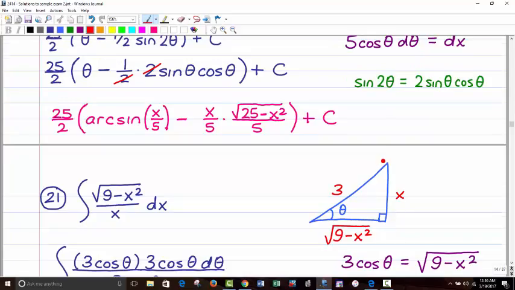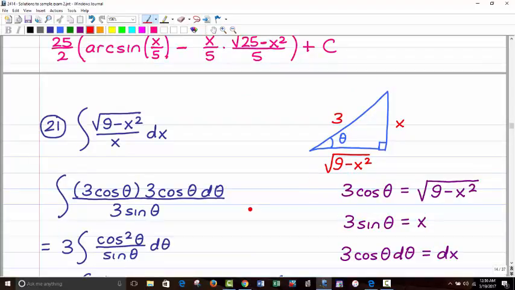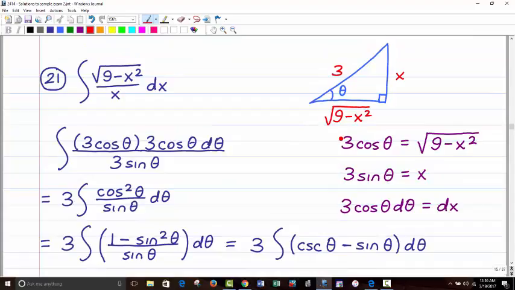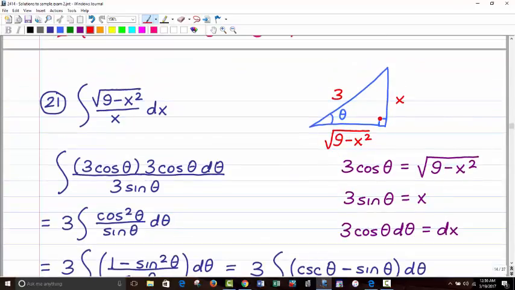All right, let's look at this next one, number 21. The integral of the square root of 9 minus x squared over x dx. Have a minus, so I have the radical again on the adjacent side, which means we have the square root of 9, which is 3, and then the square root of x squared, which is x. Check Pythagorean theorem, but this is right.